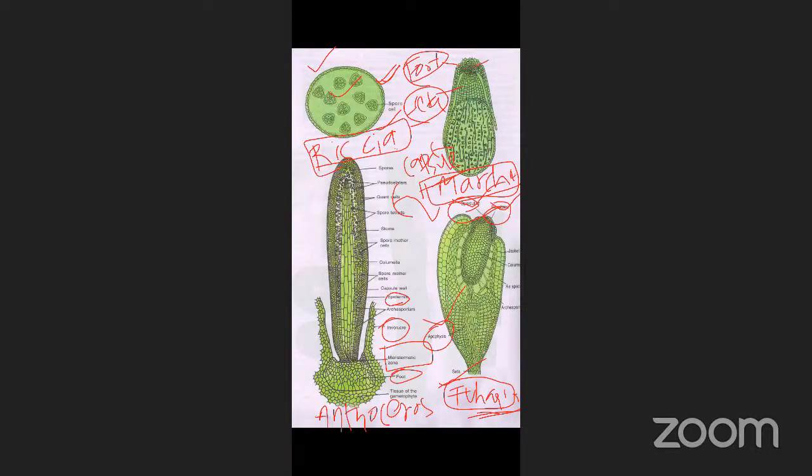Jacket is common, not one. Air space. Columella is present in the Anthoceros sporophyte also. And another one, trabeculae, right? So they are the sterilized cells.